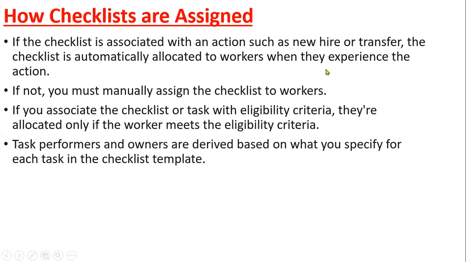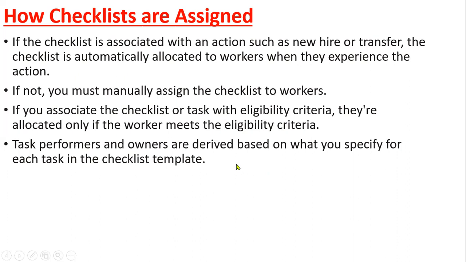If the checklist has automatic assignment as per the eligibility profile, and the employee is eligible, it will be assigned automatically. Otherwise, manually from person management, we can assign it. Based on the eligibility criteria, the system gives permission for assigning the checklist to employees.